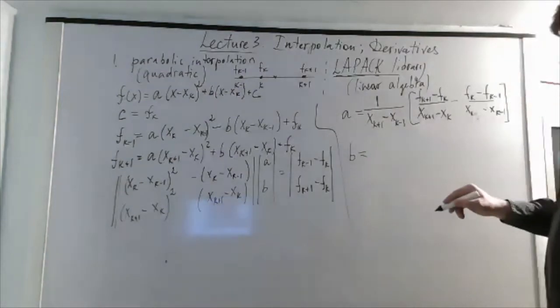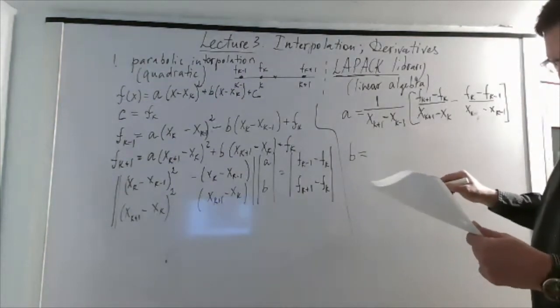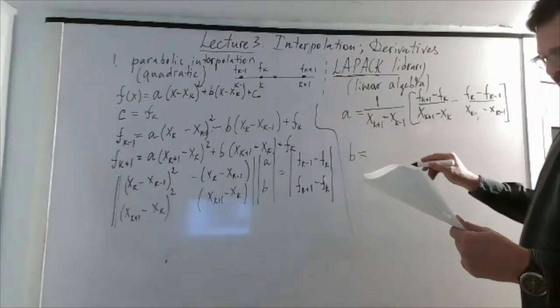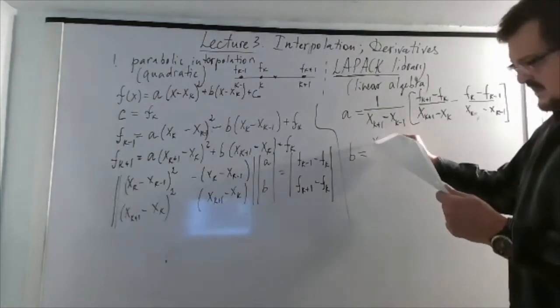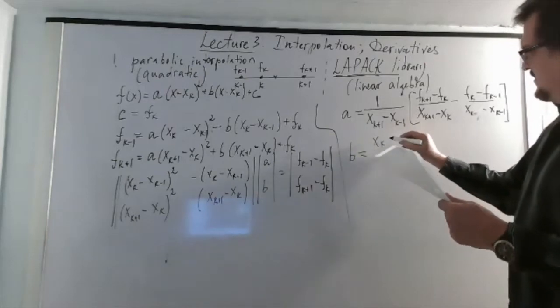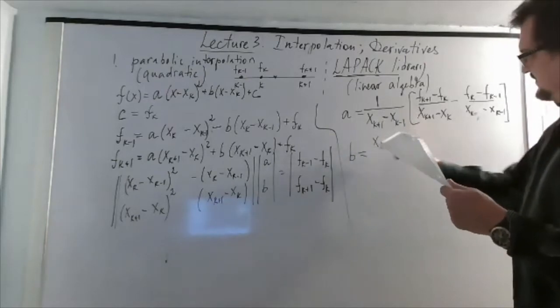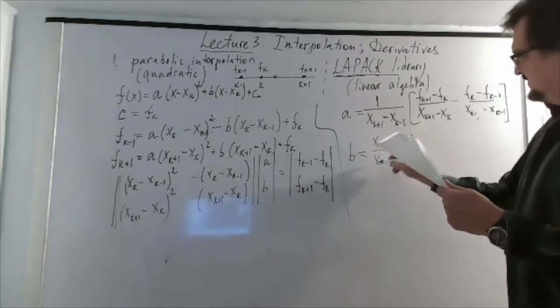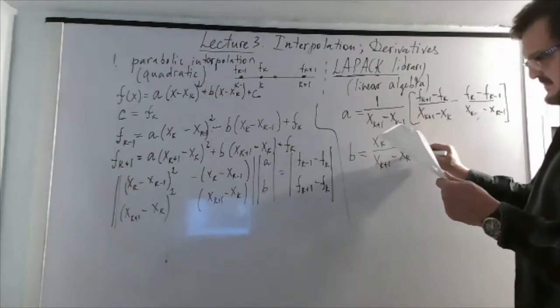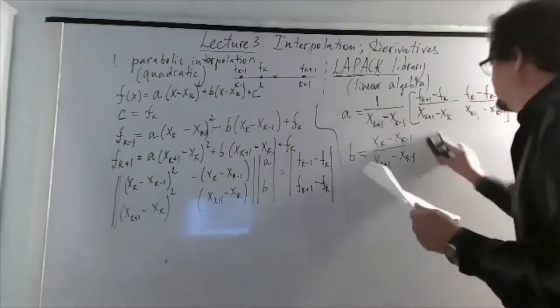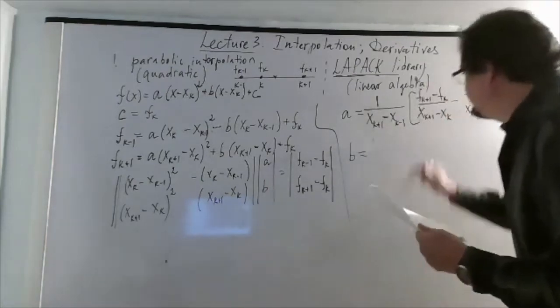And B equals, a little bit more tedious, (x_k minus x_{k-1}) divided by (x_{k+1} minus x_{k-1}). So let me write it in the same form.